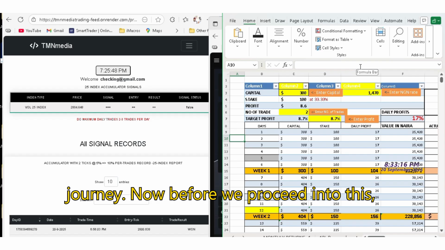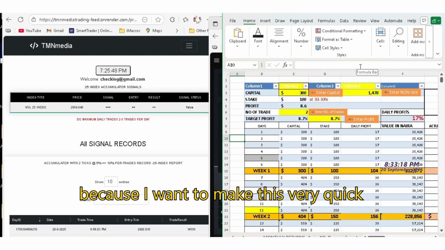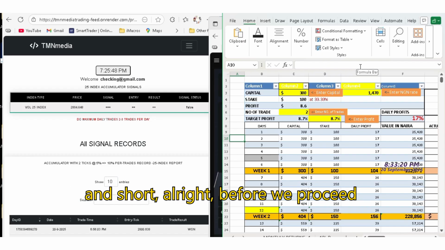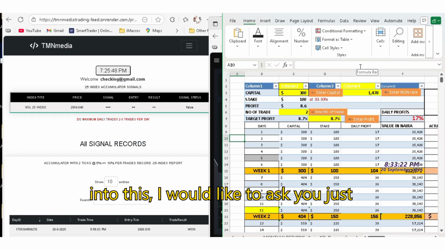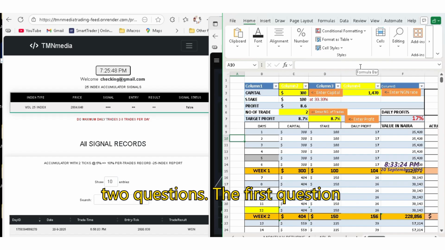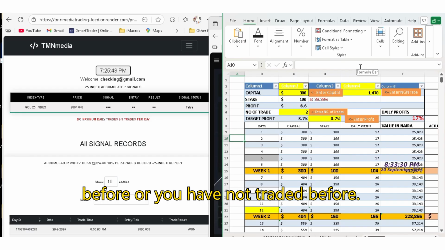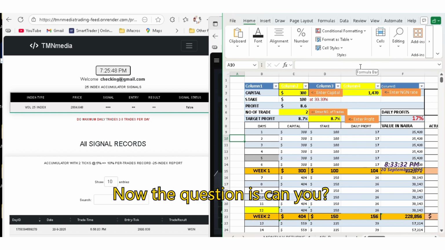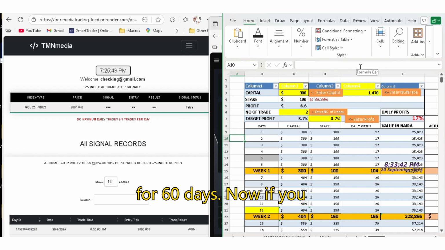Now, before we proceed, because I want to make this very quick and short, I would like to ask you just two questions. The first question is whether you have traded before or you have not. The second question is, can you follow simple instructions to do exactly some certain steps for 60 days?